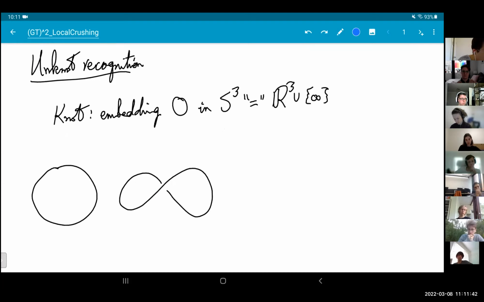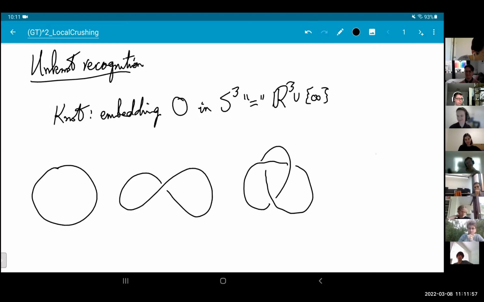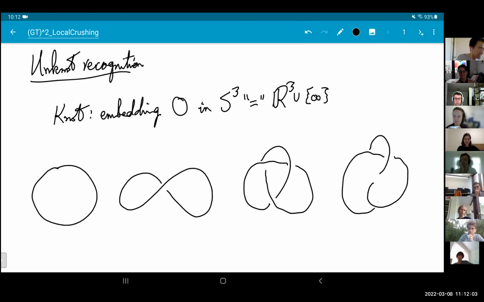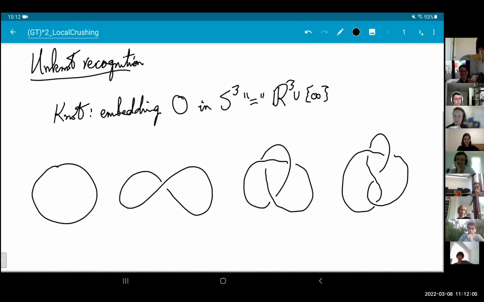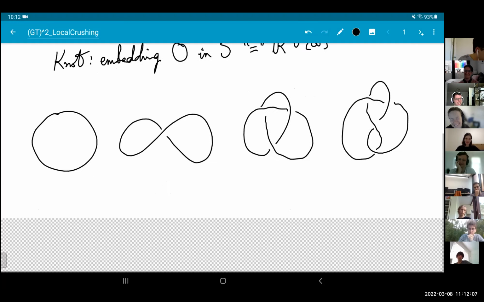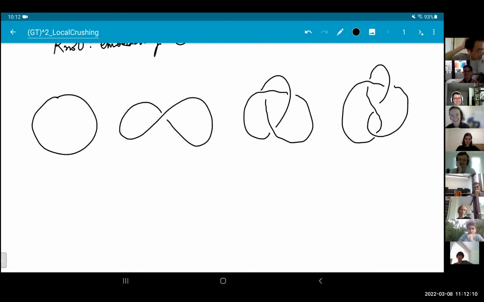Okay, so there's another example. As you can see, I have no slides prepared, so this is going to be 45 minutes of me drawing pictures for you. I can draw a better trefoil knot than that. There we go, I passed the test. I'm a real topologist because I can draw knots. So here are some examples of knots.